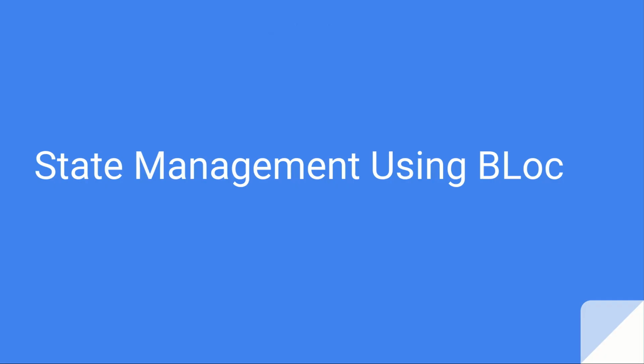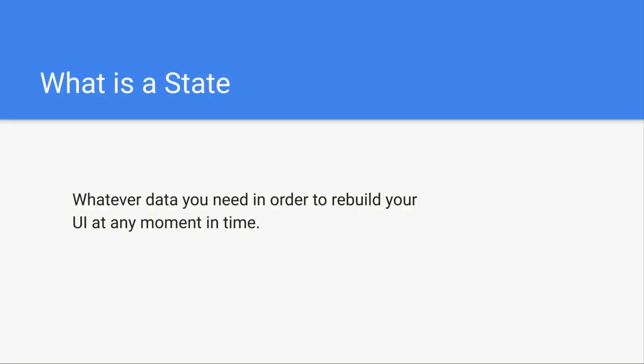Today we'll learn about state management in Flutter using BLoC. Before we begin, let us try to understand what the state of an app is. In very simple terms, whatever data you need to rebuild your UI at any moment in time is termed as state.